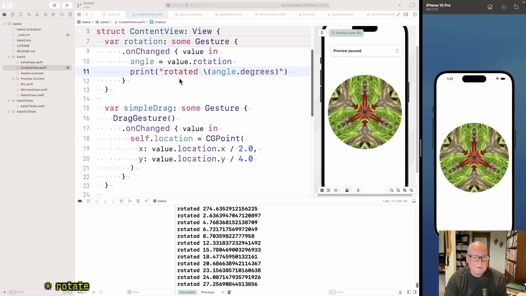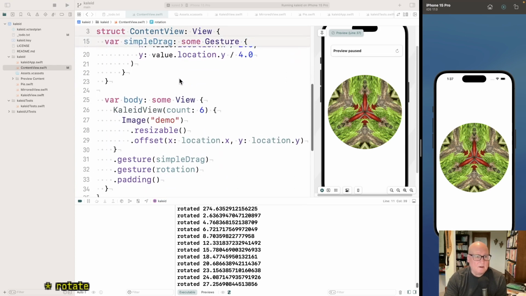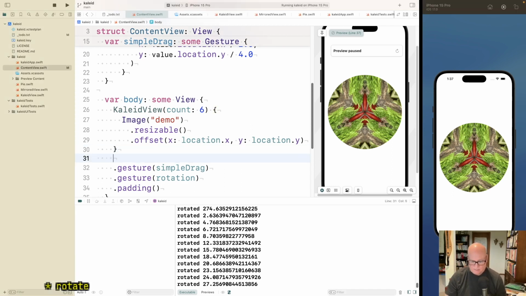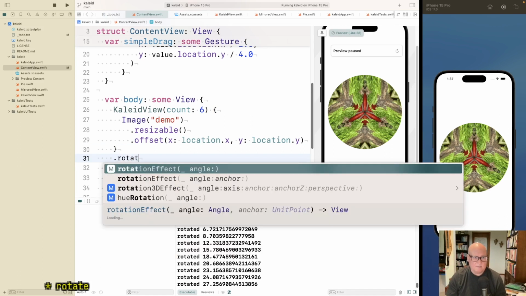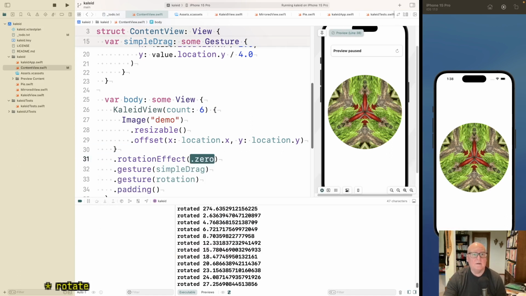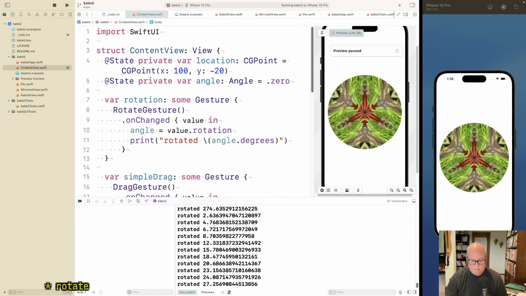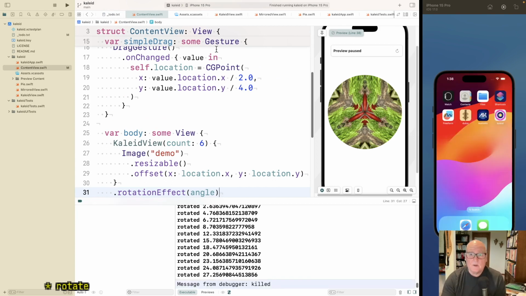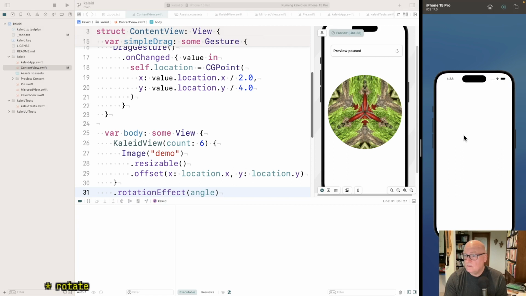So let's try and, image. Let's see if we can rotate our thing. Effect. Angle. So I expect the whole kaleidoscope to turn. I'm not saying that's where we want to go, but it'll give us proof that we're actually working with this thing.